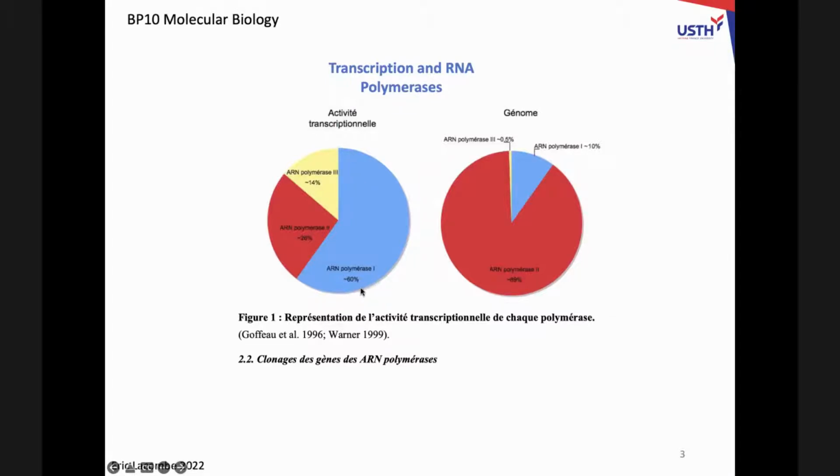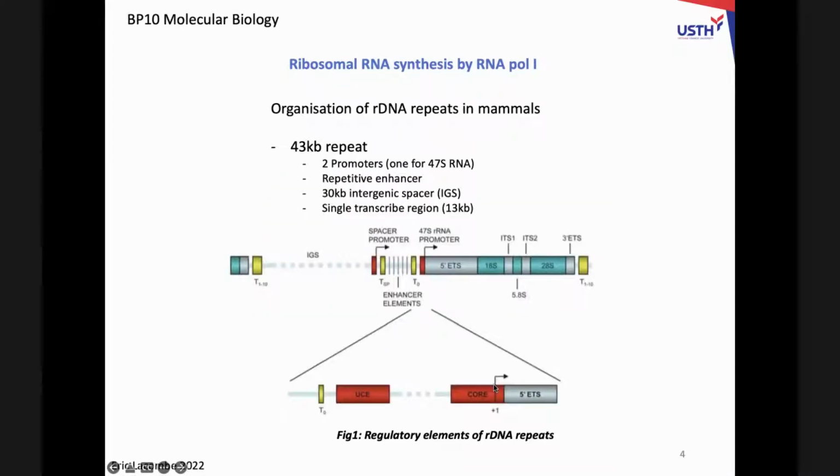Well, one of the conclusions is that almost 1/3 of the RNA inside the cell is for ribosome biosynthesis. Okay, is it okay for this part? So you see the disequilibrium between the size of the sequence read by the polymerase and the quantity of RNA that is produced by the 3 polymerases.